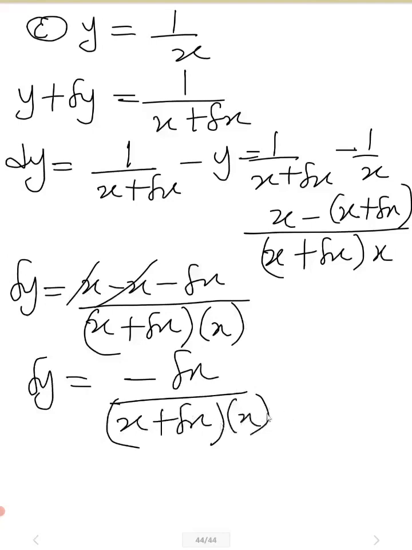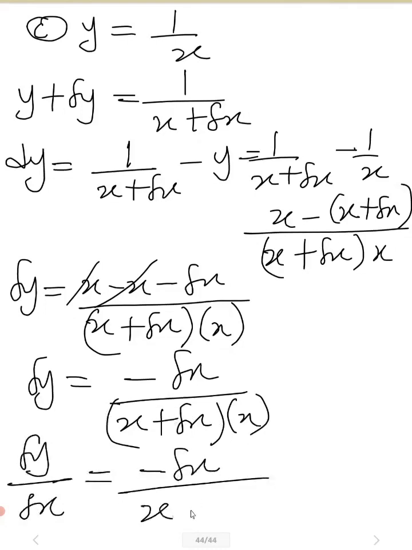So what we now need is change in y over change in x, which is minus change in x all over x plus change in x onto x divided by change in x. So how do you write this?